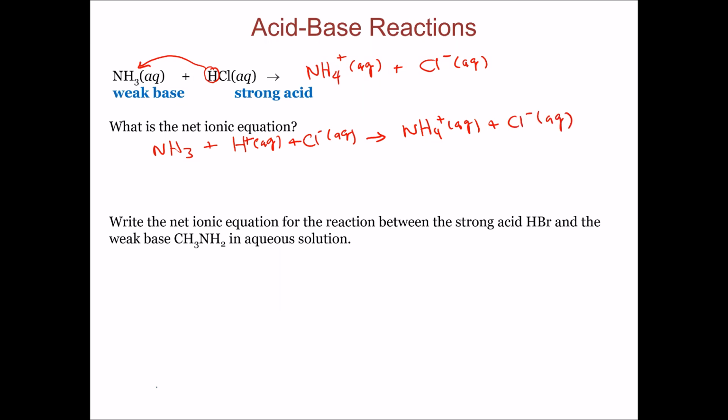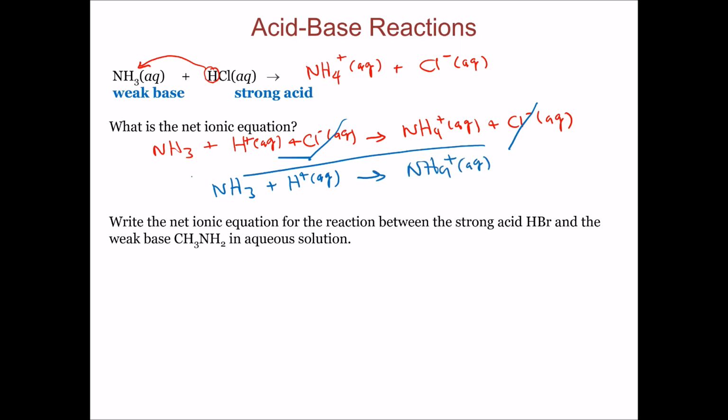If you look at chloride, before and after the reaction it is the same, so that's a spectator ion that is going to cancel out. So that leaves you with NH3 that is going to react with H plus ions to make NH4 plus. That's the net ionic equation that describes the acid-base reaction between a weak base and a strong acid.